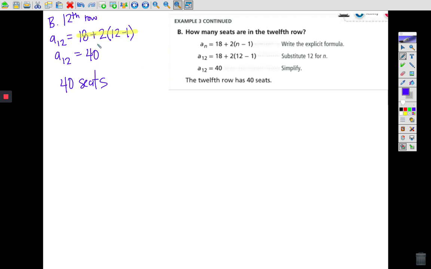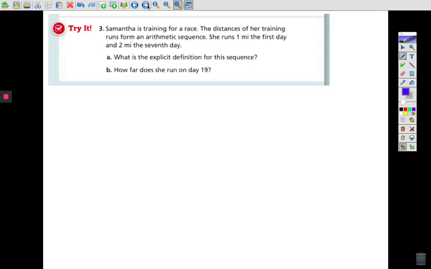All right, now we're going to try these try-its and see what we can come up with. So Samantha is training for a race. The distances of her training runs form an arithmetic sequence. She runs 1 mile on the first day and 2 miles on the 7th day. What is the explicit definition for this sequence?